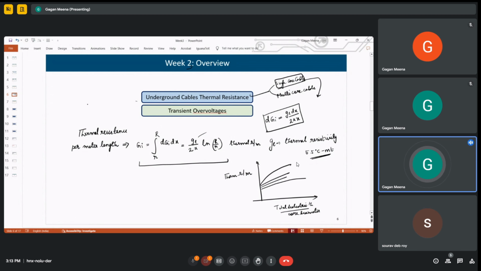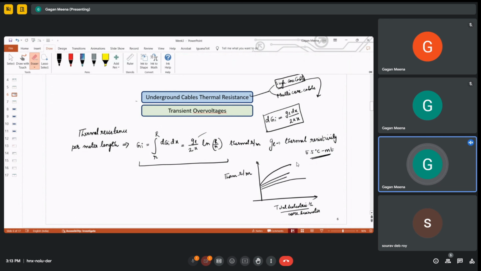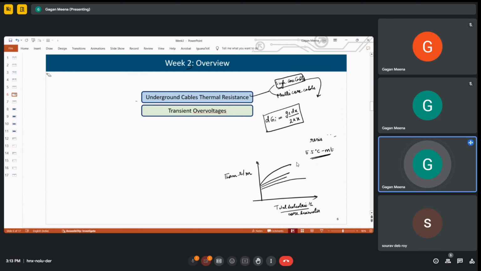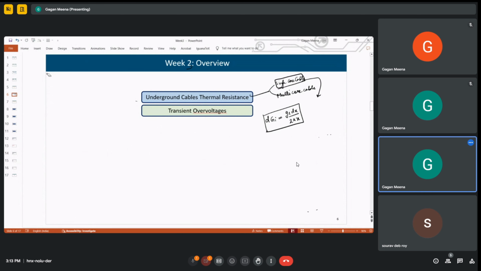Such a graph will be provided, though if questions are there, such a graph may not be provided, but data points will be provided in the form of tables or something, and then you can easily find out the thermal resistance for the corresponding value of total dielectric thickness and core diameter.